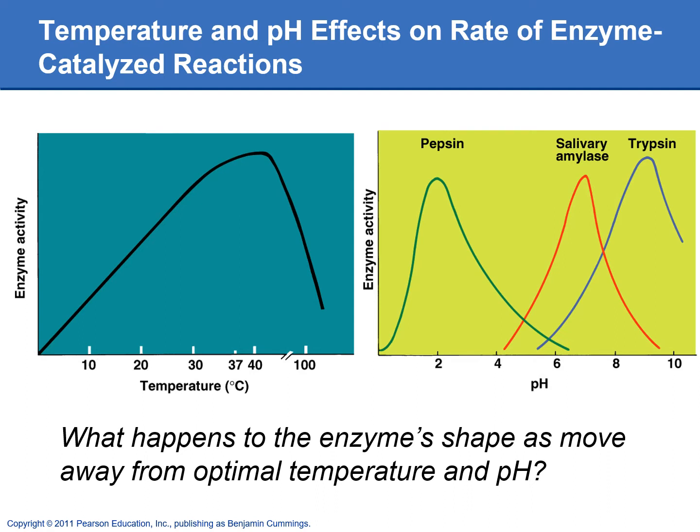So in the small intestine, the pancreas will secrete trypsin, which you can see works best at a more basic pH, and then that will finish digesting the proteins that you've eaten.